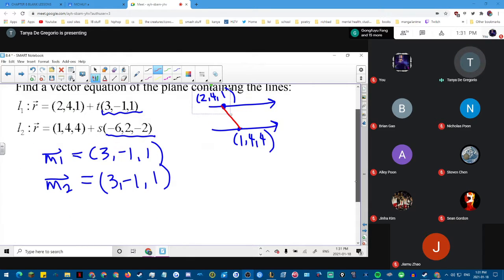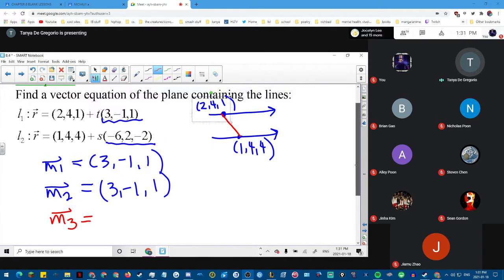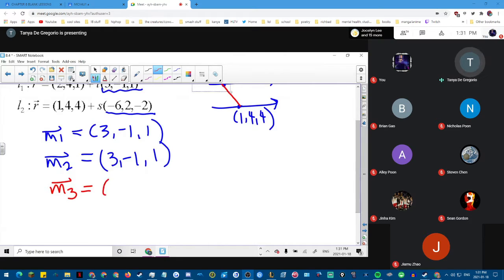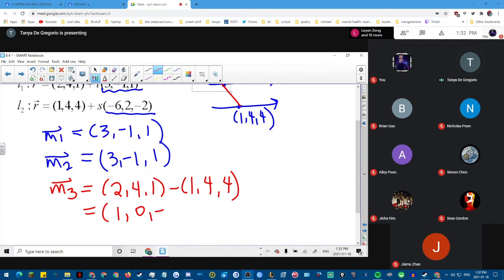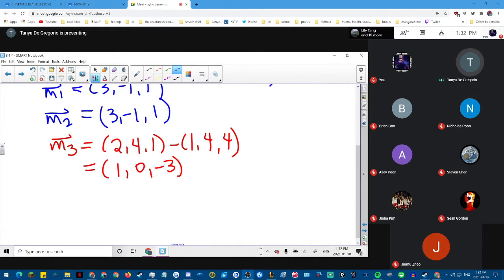So I'm going to find direction vector M3 now. I need 2 different direction vectors, right? I can't have it the same. And so my third direction vector I'm going to get just by subtracting these 2 points. And it doesn't matter which way I subtract them. And now I can define my plane, no problem.